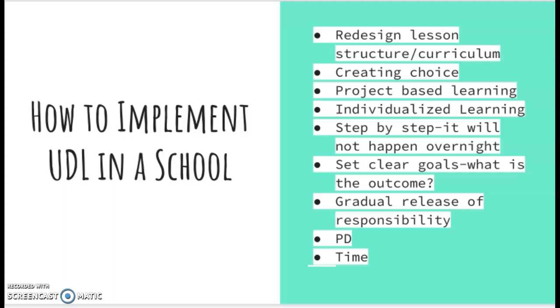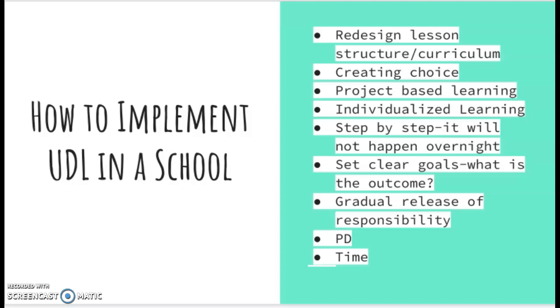Also making that learning individualized to each student's level. Also, realizing that it's a step-by-step process and it's not just going to happen overnight is super important. Also, setting clear goals as to what you want the outcome to be for your students with every assignment that you have. I think another way is gradual release of responsibility.